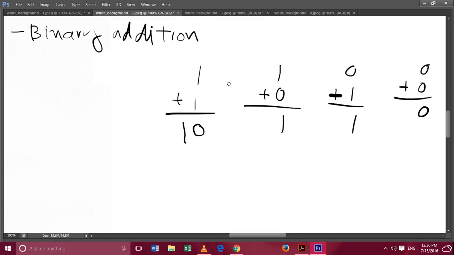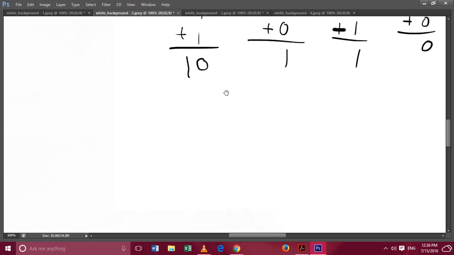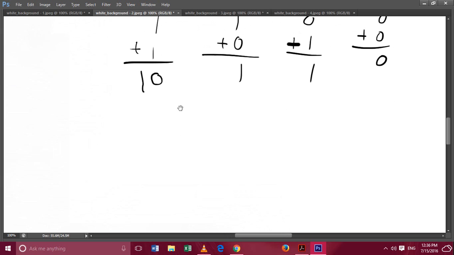Let's get back to the two's complement binary representation.